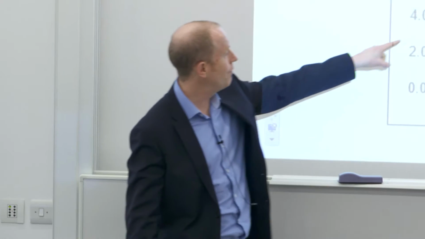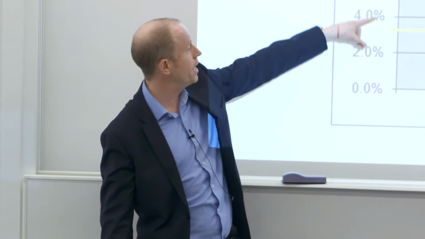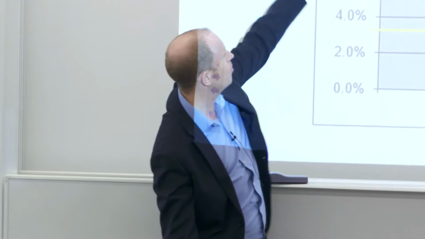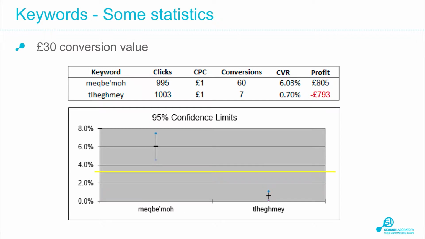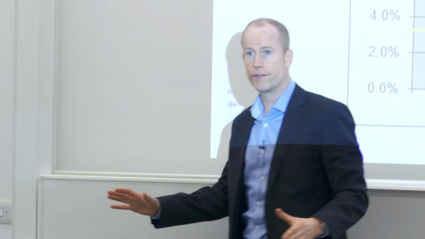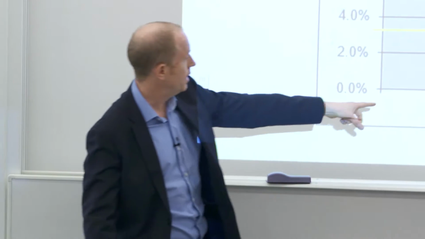This is as hard as it gets, by the way. I've also, to help you, put the break-even conversion rate on. We can see that the top keyword is well above the break-even point. Very unlikely that that keyword will ever become not profitable. Also, it's very unlikely that this other keyword will ever become profitable. It's even more unlikely. So that is a bad keyword, and this is a good keyword.